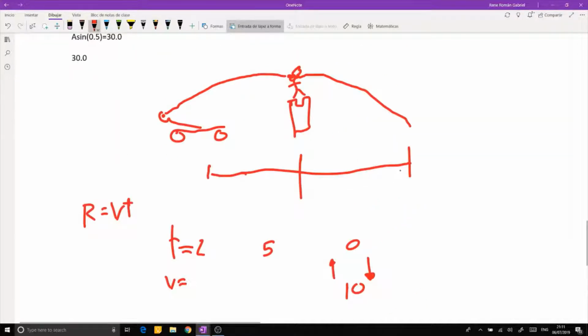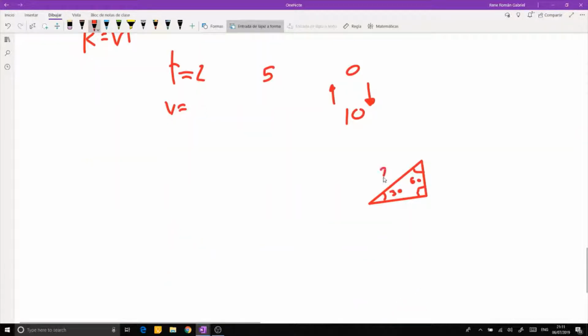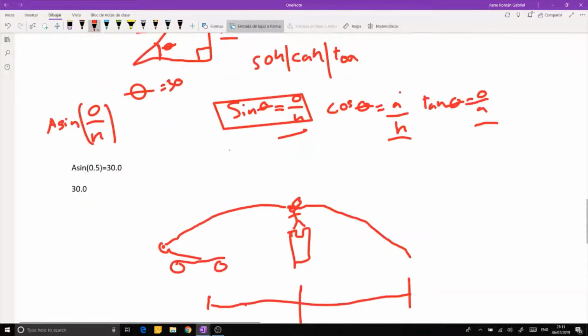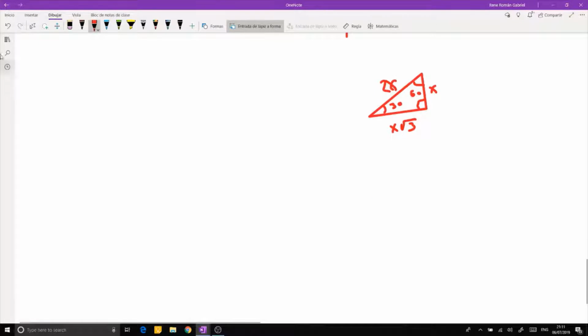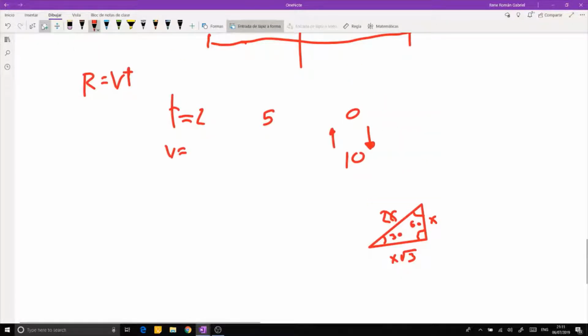So again, this would be 2x, x, x square root of 3. Basically they give us x, 2x, and x. So we have to figure out x square root of 3. So let's put the square root of 3 and then multiply times 10, which was our x.